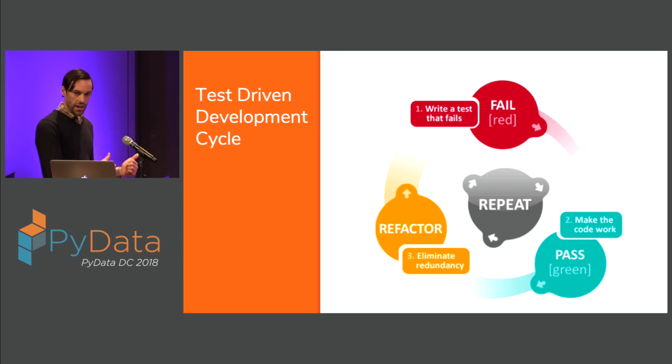Then you take a step back and see if there's anything you can do to refine what you've written. See if there's any refactoring improvements that you can make. And then you move on to the next task. And if you break your problem down into small, bite-sized chunks, you can just go through the cycle over and over again until you have what you need.